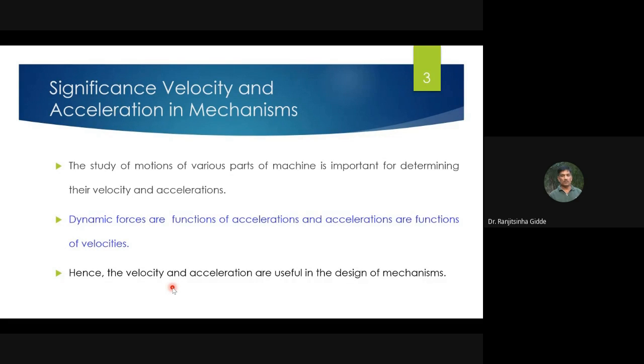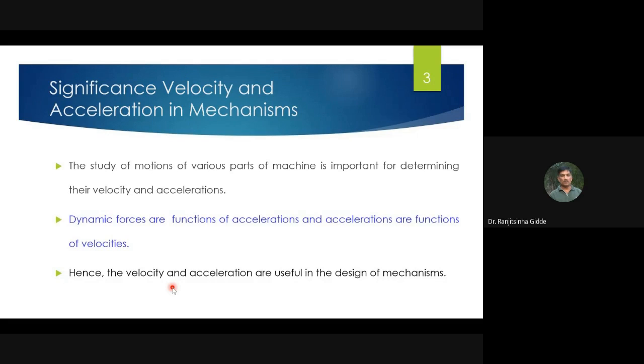A simple example you can take is the reciprocating engine, in which piston, crank, connecting rod are the links, and the crosshead is nothing but the fixed link.